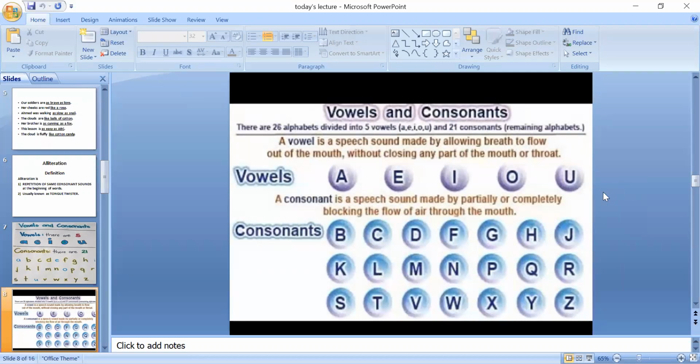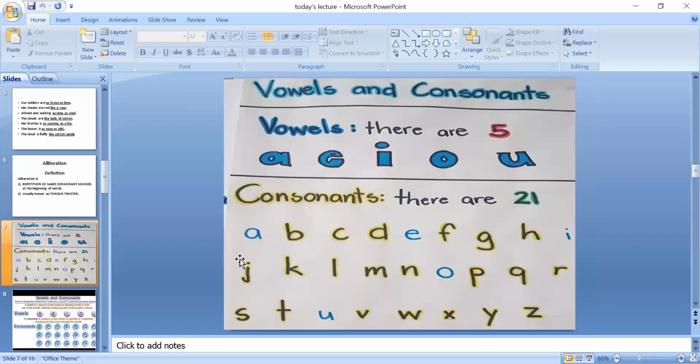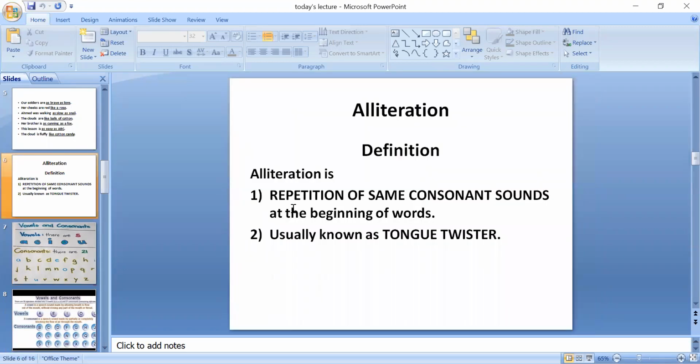Okay, so what is alliteration? Alliteration is a repetition of consonant sounds. So these consonant sounds will be repeated in alliteration. Again, look at the definition: alliteration is repetition of same consonant sounds at the beginning of words.